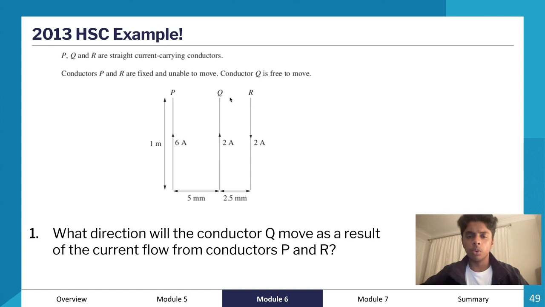So R will induce a force to the left on Q. That's the only way it can be repelled from R. And we also found that if current carrying conductors travel in the same direction, so P and Q now, they will result in the induction of an attractive force. So P wants Q to come towards it, and R wants Q to go away from it. This indicates that the direction of Q will be to the left, and both of them will generate a force in the same direction.